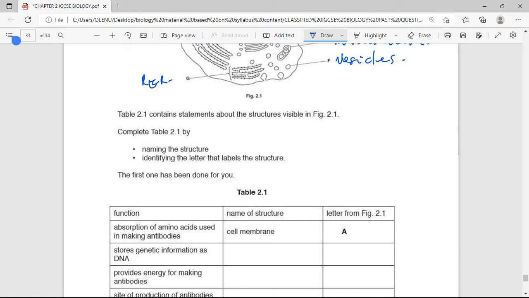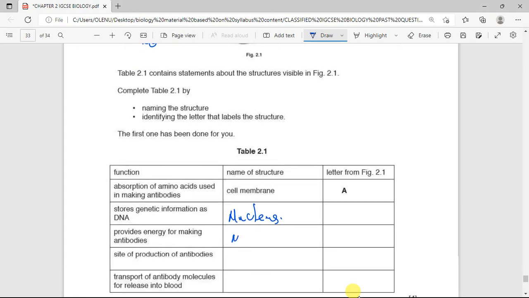Now, the table in 2.1 contains statements about the structures visible in figure 2.1 to be completed. One has been done for you. Store of genetic information. Obviously, you know genetic information is DNA stored in the nucleus. Provide energy, that's for making antibodies. So provide energy through respiration is the mitochondria. Site for production of antibodies. Antibodies are an example of protein, so it's similar to site for production of protein.